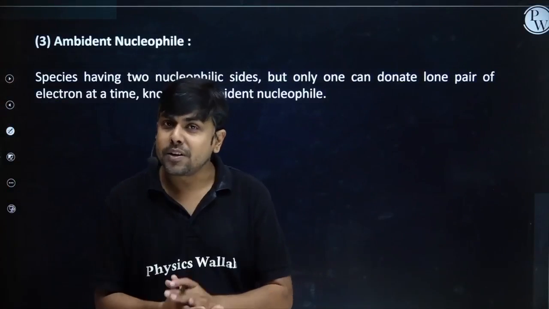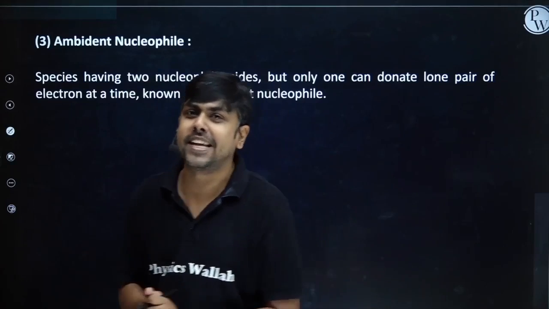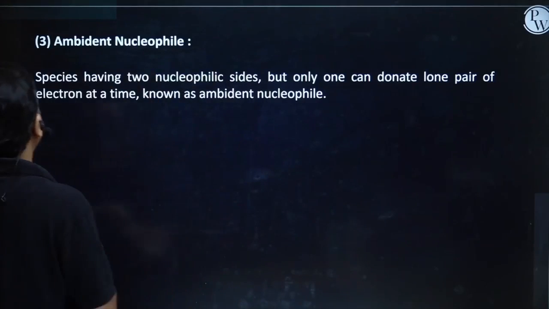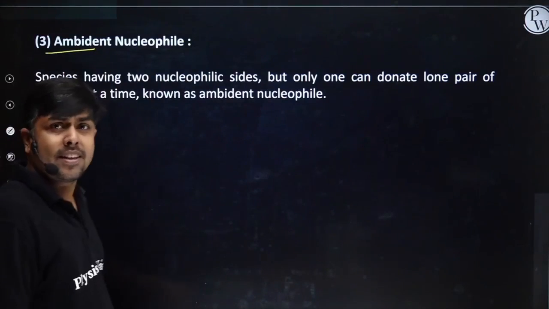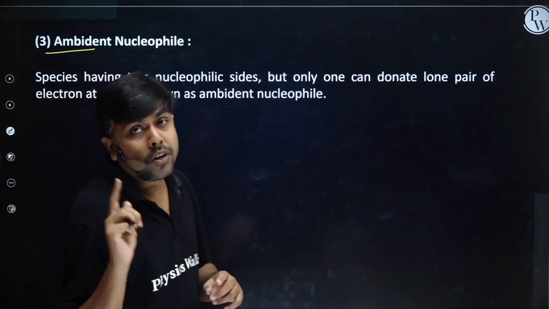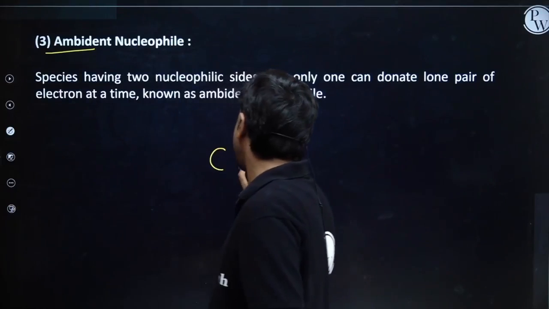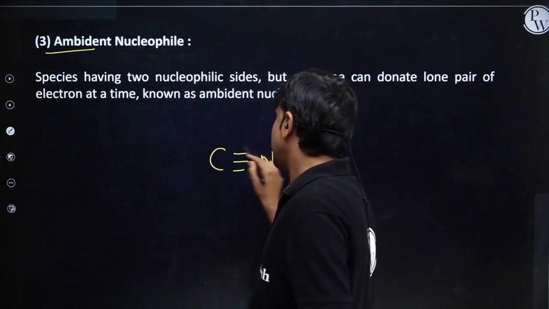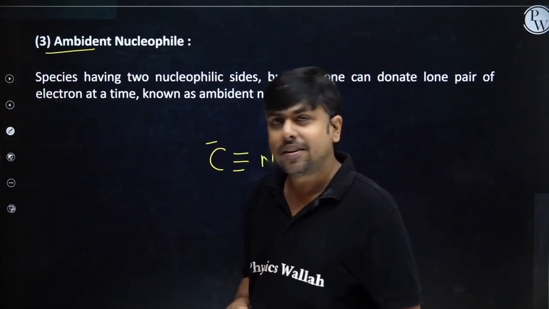I'm moving to the next type of nucleophiles which we have to study, which is there on the screen, and it is ambident nucleophile. Ambident nucleophiles are species having two nucleophilic centers, but at a time donation will occur from only one center. The best example, cyanide ion. Students, here carbon has a negatively charged center, right?